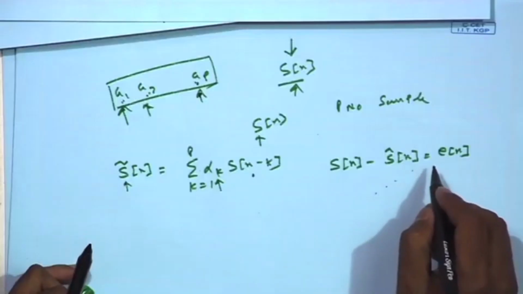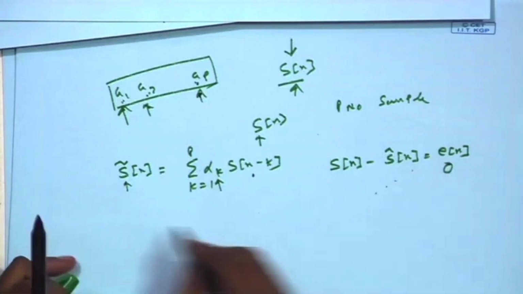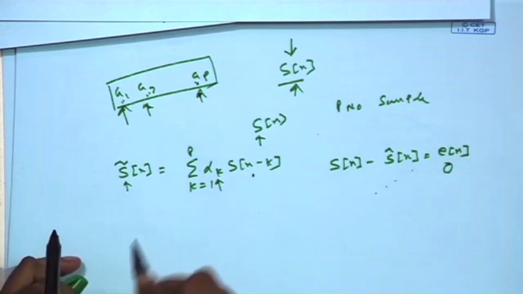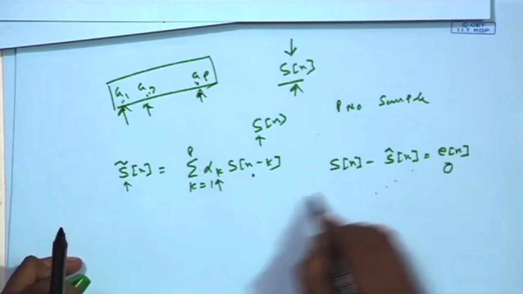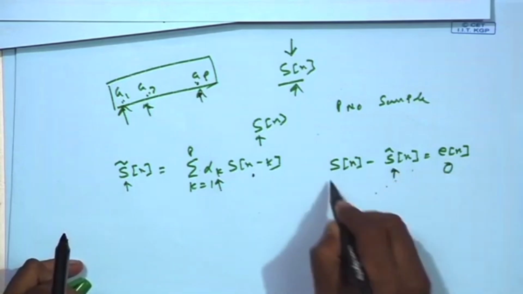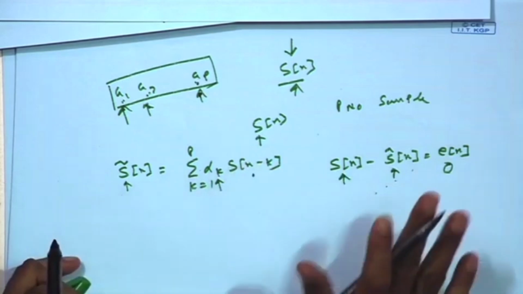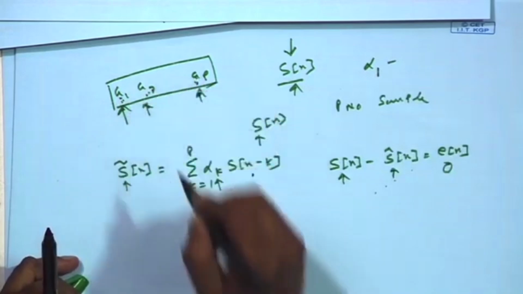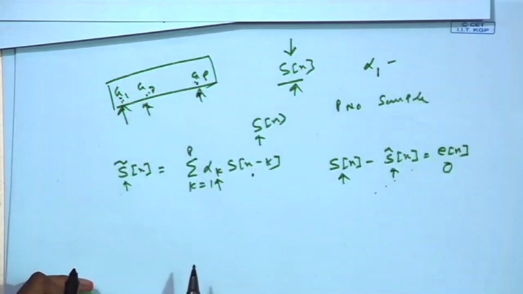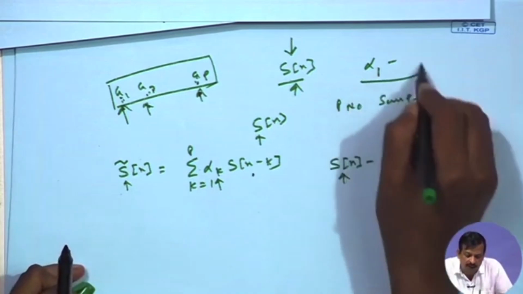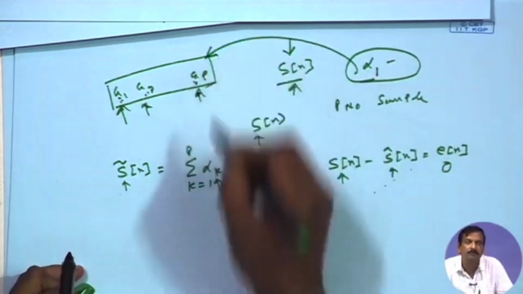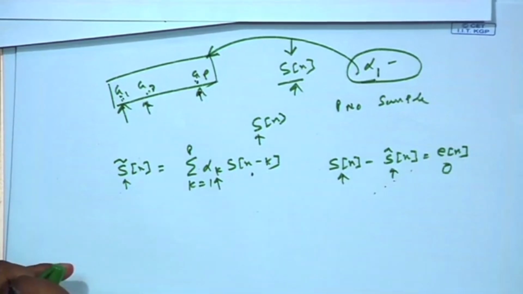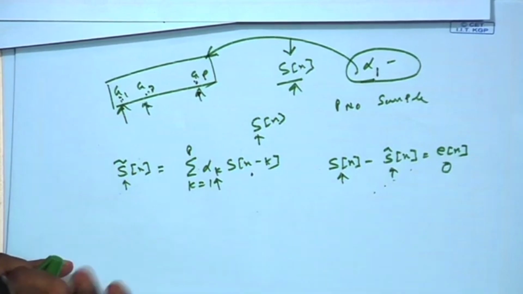If I am able to make that prediction error equal to 0 for some values of alpha, such that the difference between my estimated signal and my original signal is 0, then I can say that this set of alpha represents A1, A2 and AP. If I know this set of alpha, I know the system, and I can generate the signal. So, there are two kinds of things: one is called analysis, another is called synthesis.